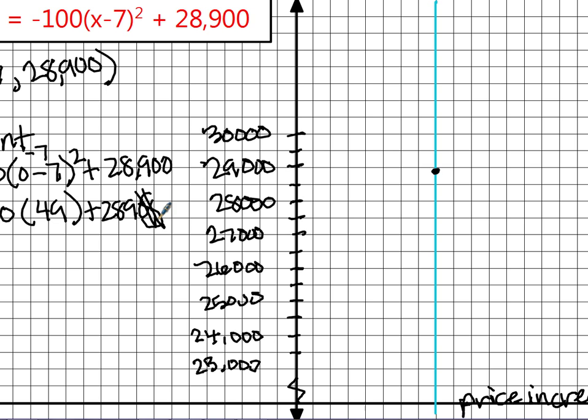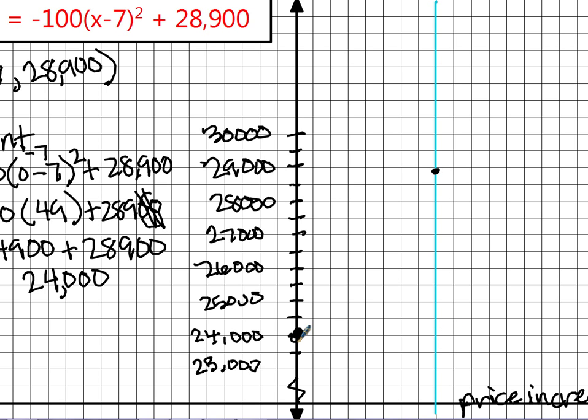Negative 100 times 49 gives me negative 4,900 plus 28,900. Adding the two numbers together, I get 24,000. My y-intercept is going to be at 24,000.